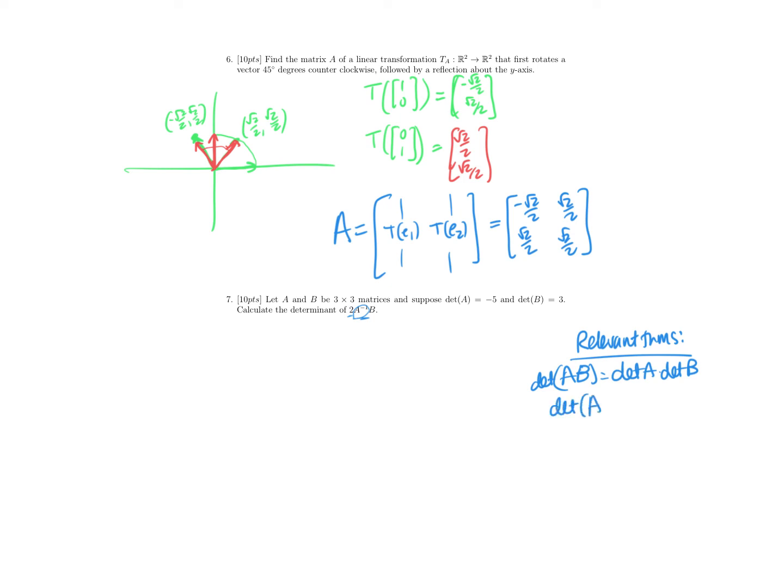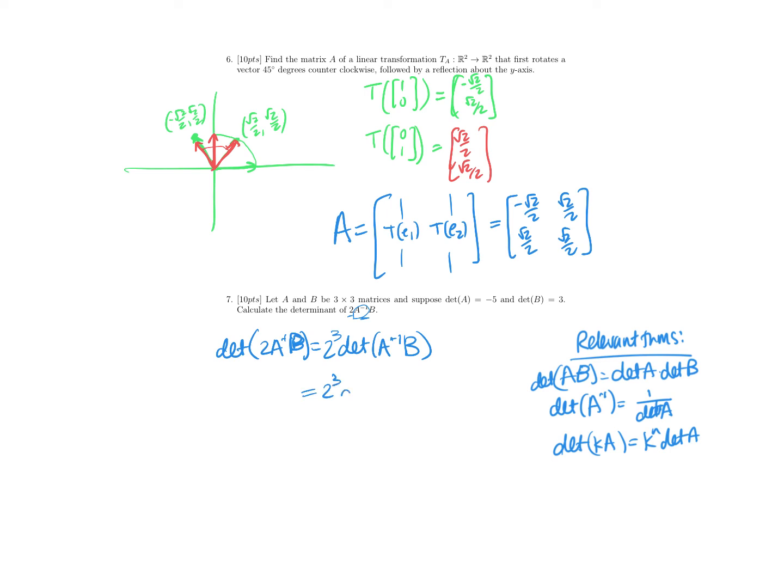The determinant of A inverse actually ends up being 1 over the determinant of A. And the determinant of kA is equal to k to the n times the determinant of A. So the determinant of 2A inverse B is equal to 2 cubed times the determinant of A inverse B, which is 2 cubed times the determinant of A inverse times the determinant of B, by this product rule.